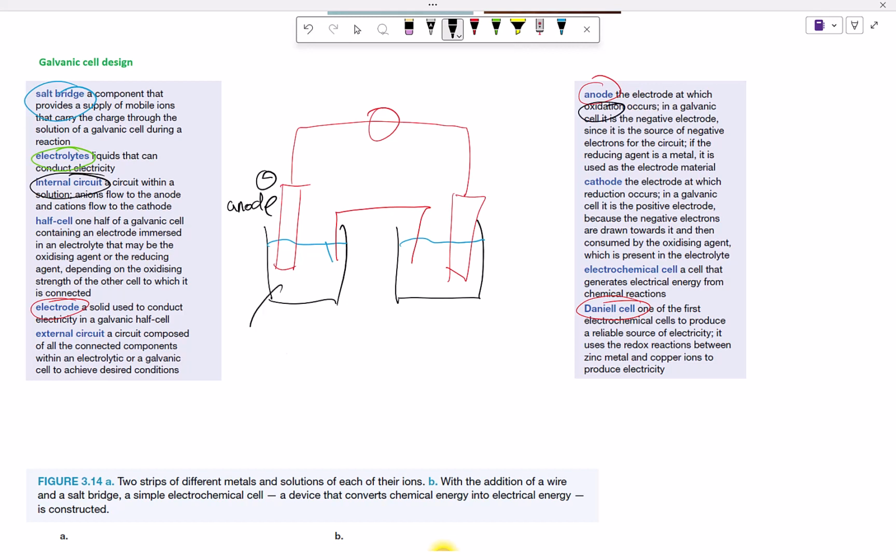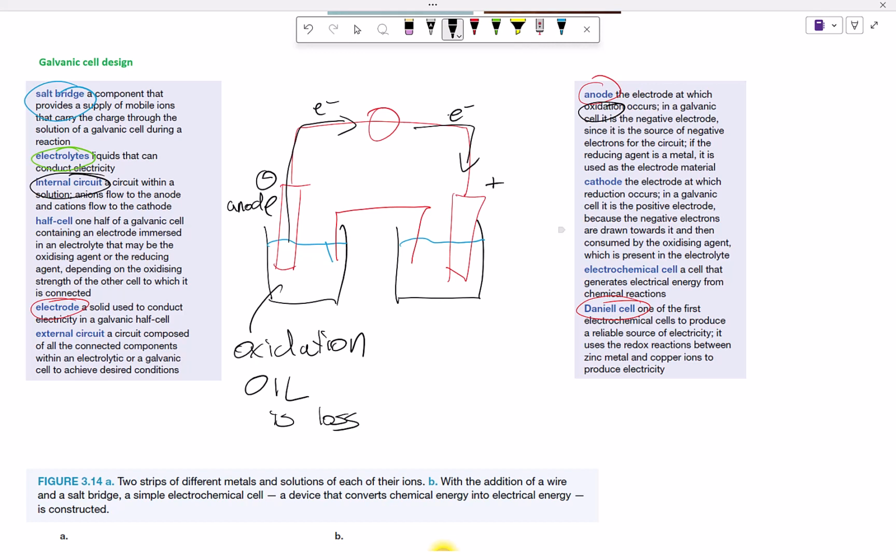Oxidation is occurring here. If you think OIL, as in oxidation is loss, you're actually losing electrons. So you're going to have electrons flowing in this direction. And that means this is positive over here.